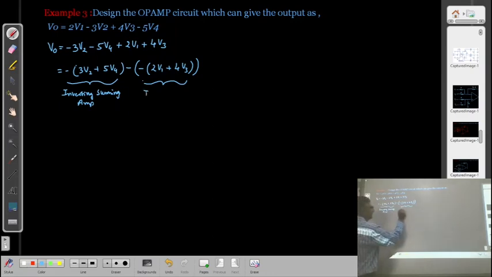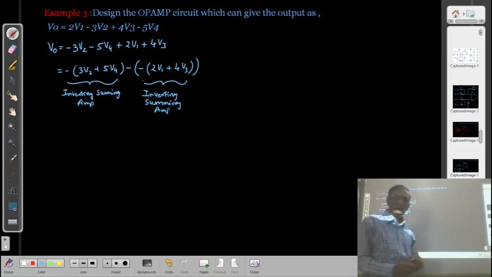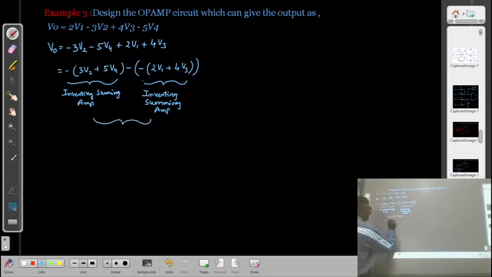Same way, here we have to use an inverting summing amplifier. Then the outputs of these two inverting summing amplifiers will be given to a difference amplifier.